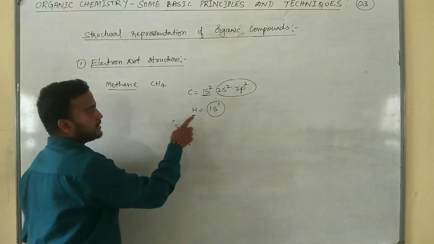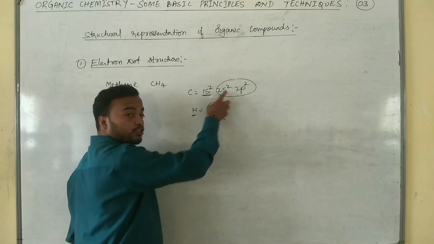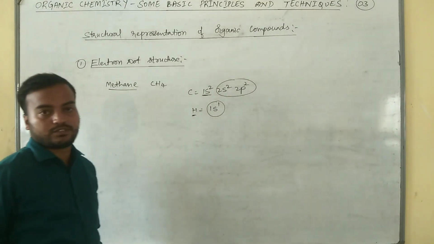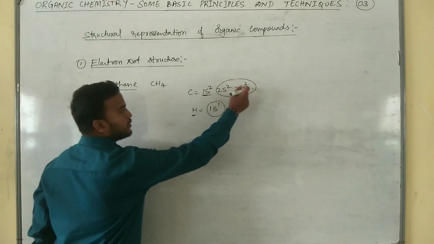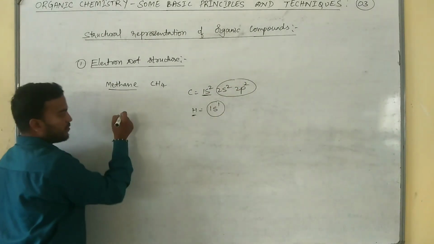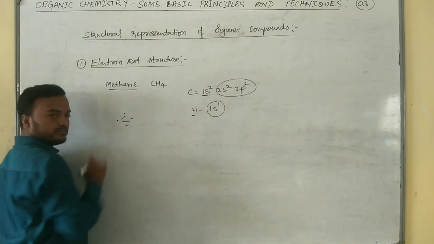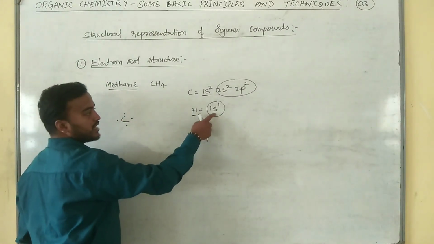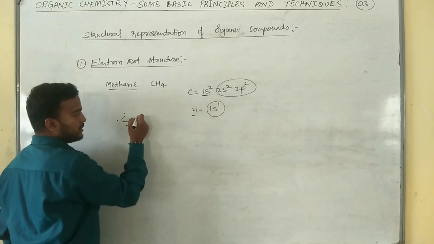In this method, these valence electrons are represented by dots. So in methane, carbon has 4 electrons in the valence shell: 1, 2, 3, 4. Hydrogen has 1 electron in the valence shell, but we have 4 hydrogens.